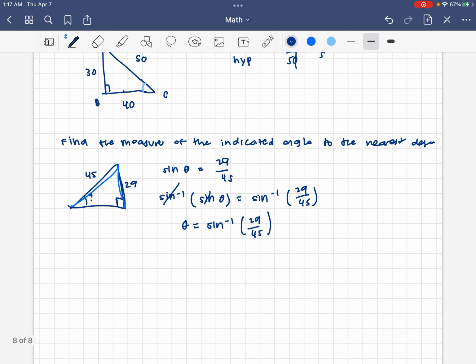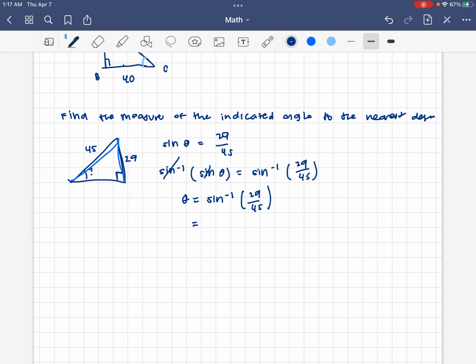When you plug this into your calculator, we're gonna round it. So what do you get? I got 40.1240, but we're gonna round it to the nearest degree, so it's just gonna be 40 degrees. That's how you do that.